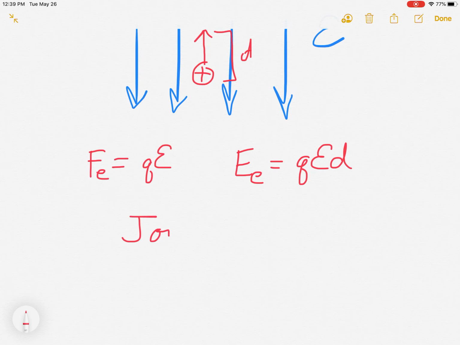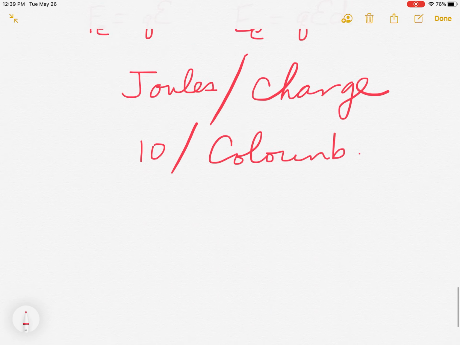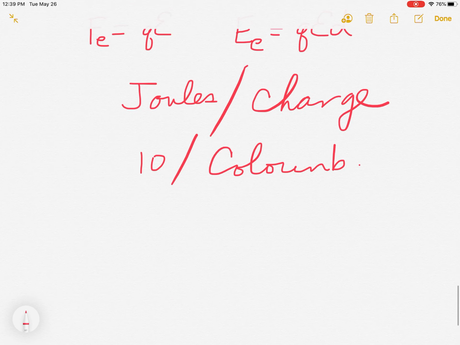So the price per charge, instead of price per kilogram, I want joules per charge. So if I know it's 10 joules per coulomb of charge, then whatever the coulombs are for that electric charge, I just multiply by 10. So it's kind of like doing the Bulk Barn thing.